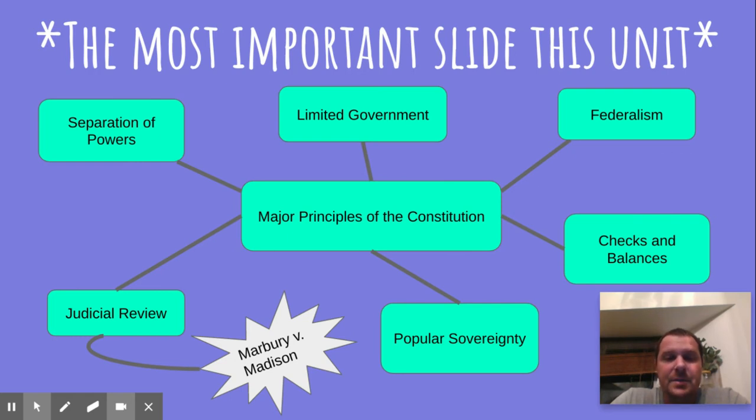So if, for instance, Congress makes a law that bans women from voting, which Congress would probably not do, then that law would be challenged by the courts because it would violate the 19th Amendment to the Constitution, which gives women the right to vote.